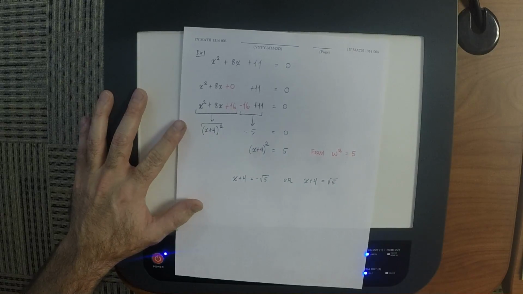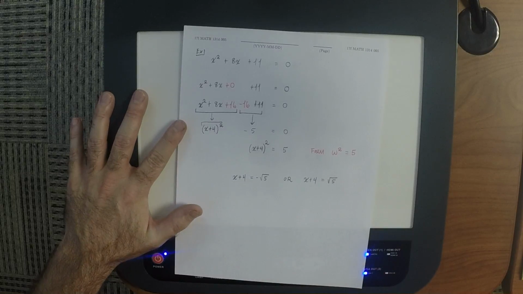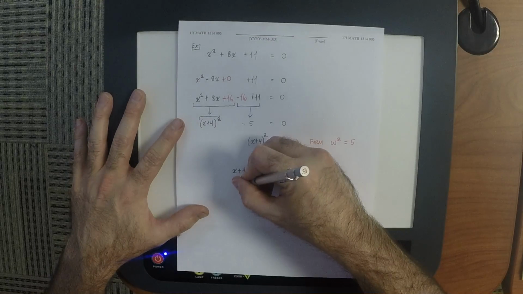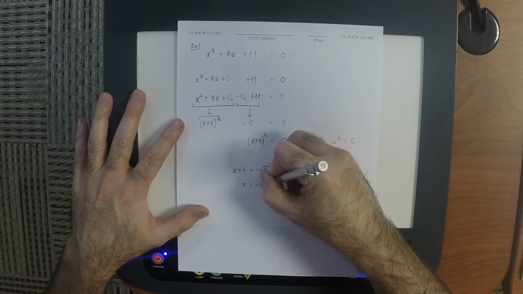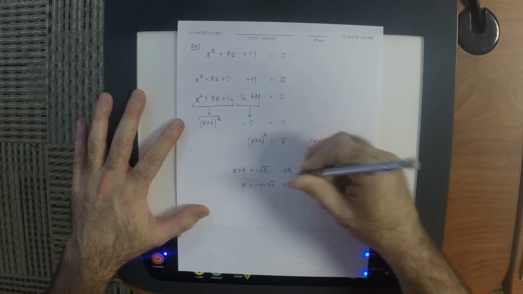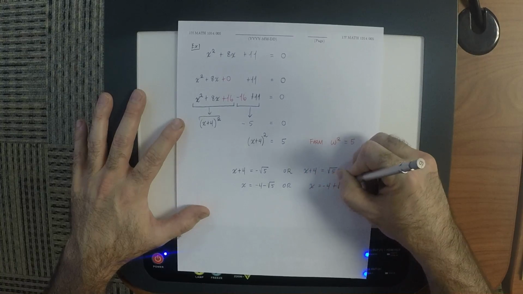Those are the possibilities. So now we can move the 4 to the other side and obtain that x is negative 4 minus the square root of 5, or x is negative 4 plus the square root of 5.